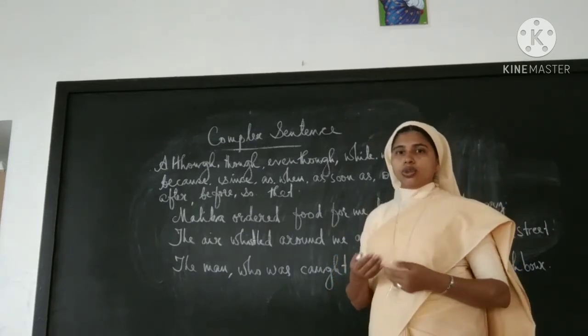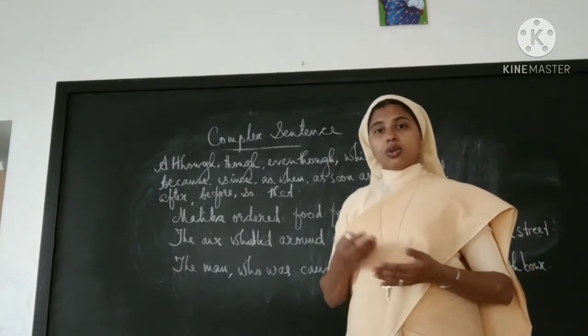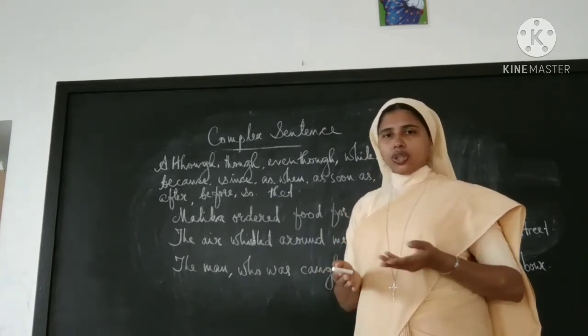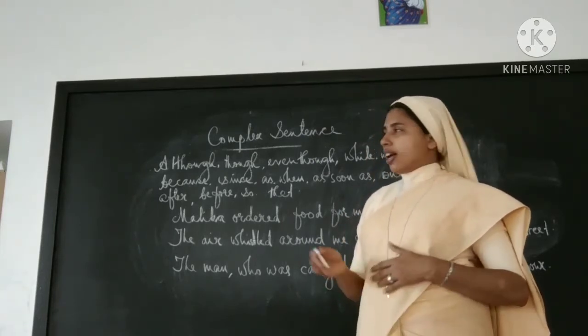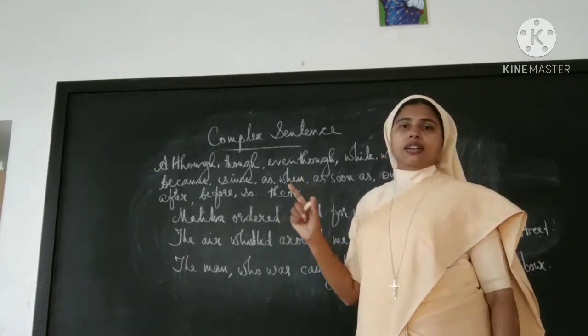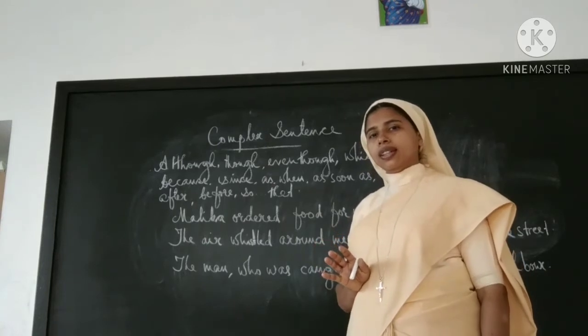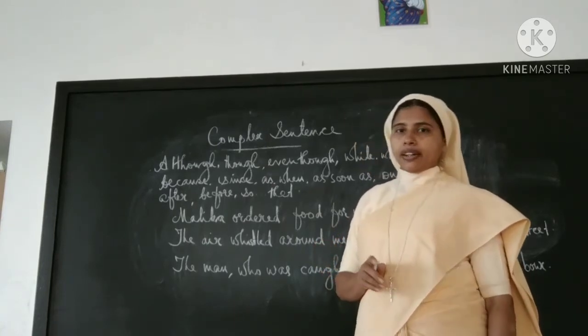Two sentences or three sentences or four sentences will be joined together in order to make a complex sentence. In order to make sentences into a complex sentence, conjunctions will be added.